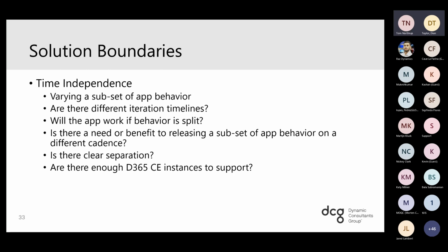And so I can deploy the changes for account management without impacting the case work that's ongoing. Will the app work if behavior is split? That's what I'm talking about. Is there a need or benefit to releasing a subset of app behavior on a different cadence? Is there clear separation? That's separation in functionality.